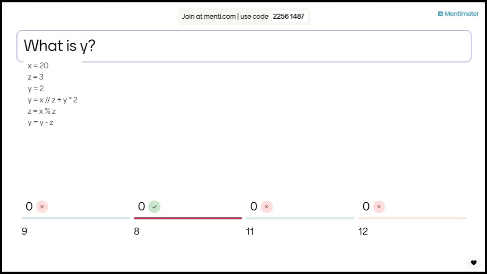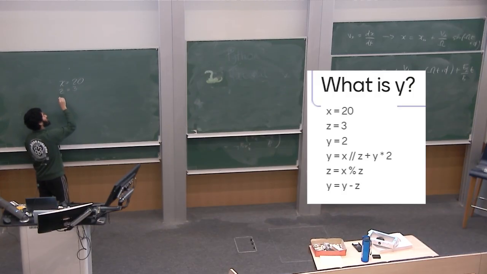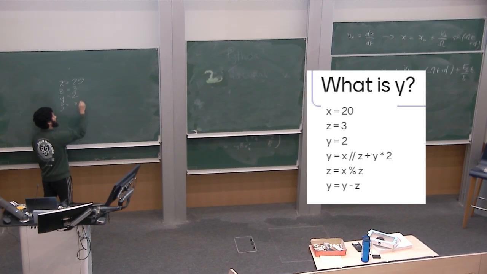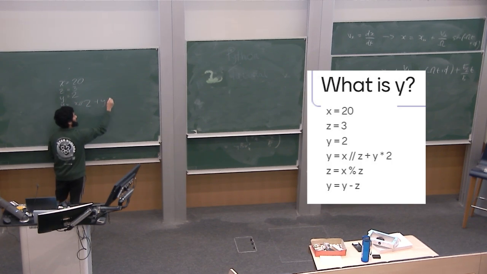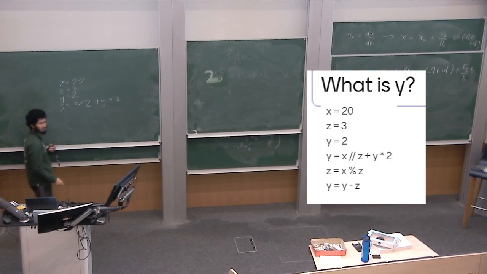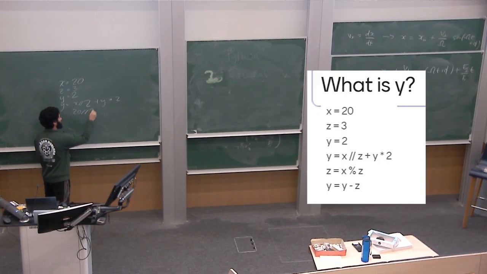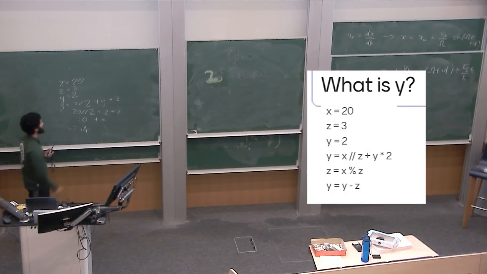Then y is being set to 2. Then we have y is equal to x double slash z plus y times 2. What does the double slash mean again? Yes, floor division. So what's x right now? 20. Okay, so 20 floor division 2. Oh, it says z.